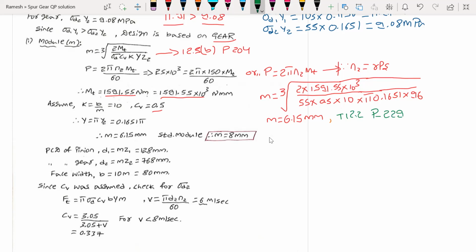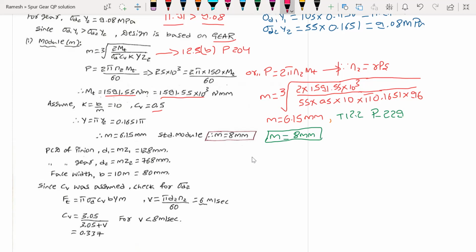From this, whatever standard module we get, after 6 the next standard value is 8. Now our value is 6.15. I cannot take 6. Therefore, I can take module as 8. He has asked us to calculate the module. Therefore, I have calculated the module. It is 8 mm.